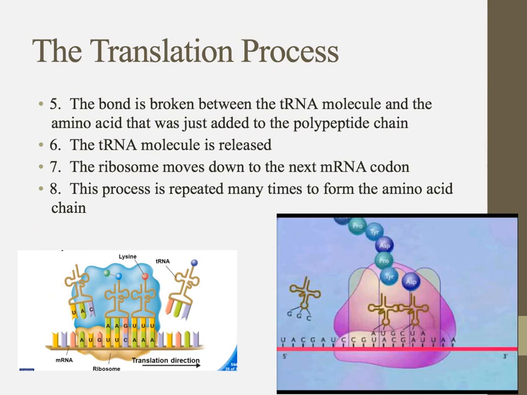Then the ribosome moves down to the next codon, and this process keeps getting repeated. So next in line, these amino acids would join together. This tRNA would get on out of here, and then the ribosome would move down and begin that process on the next one. And what we're going to see is all of these amino acids start to come together in a polypeptide chain.